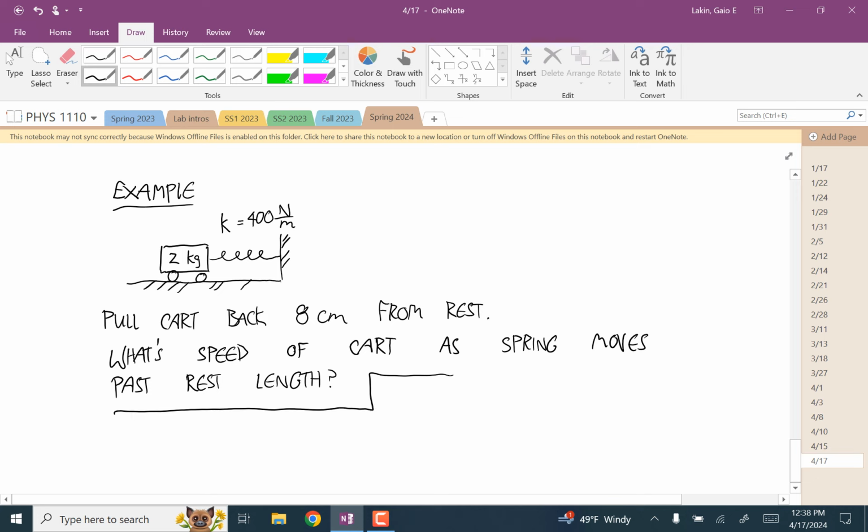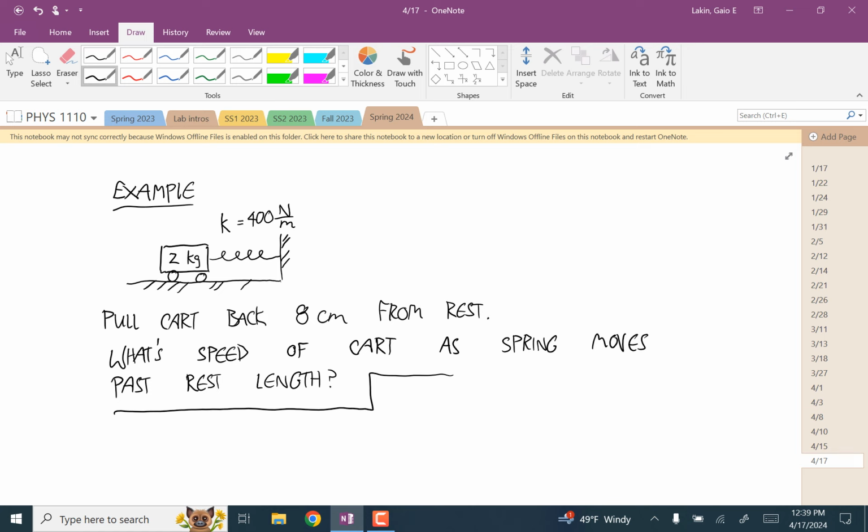Okay, so let's talk for a second about what's going to happen when you release this thing, if we're assuming no friction, no energy losses. If you stretch this spring by pulling this back and let it go, it's going to oscillate back and forth. It's going to go from 8 centimeters stretched, go this way until it's 8 centimeters compressed beyond its resting length, and then it's going to go back.